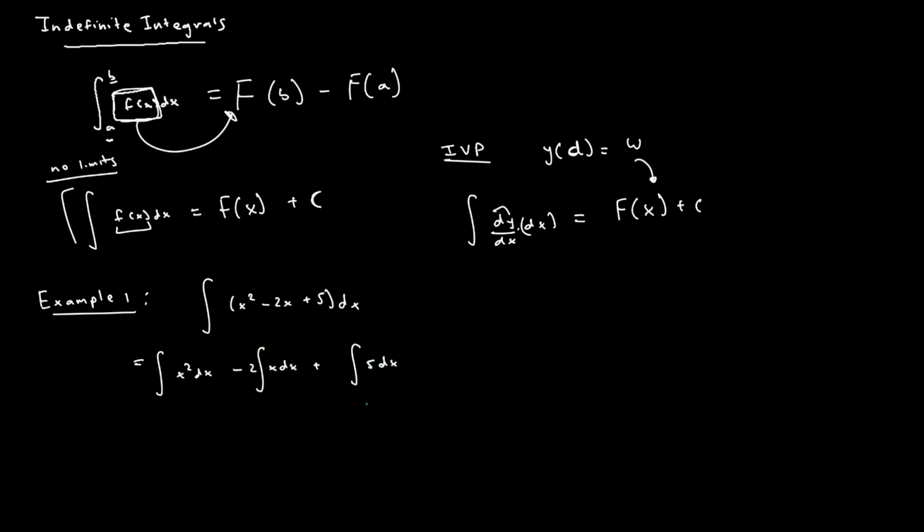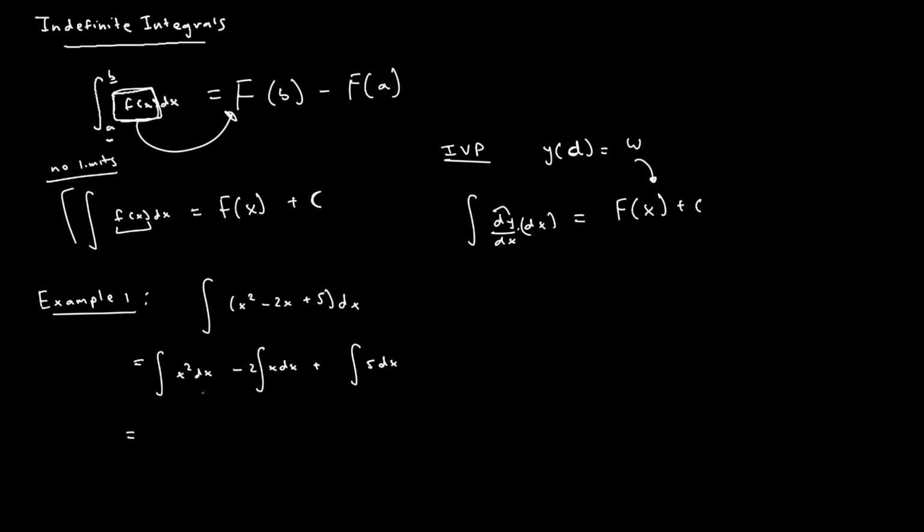And one thing I forgot to mention is, remember, I made a video on properties of definite integrals, and those properties carry over to indefinite integrals. When you're multiplying by a constant, the value of the integral is also scaled by that constant. And the reason I can split it up is through the sum and difference rule, and there are analogous sum and difference rules in indefinite integrals as well. So having said that, let's evaluate this.